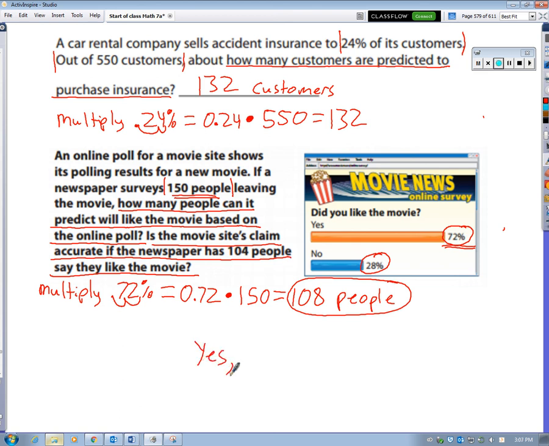And if we want to get all mathy on this and put this into math language, we can say yes, because 104 is less than 108 people. This is how many people like the movie. If they say 104 people like the movie, then they would be fine to say that, because it's still within that range.